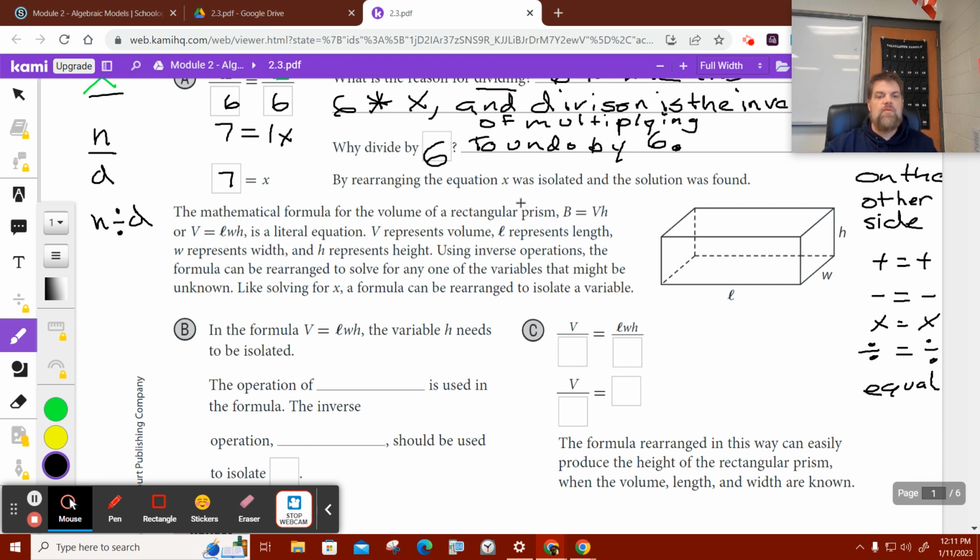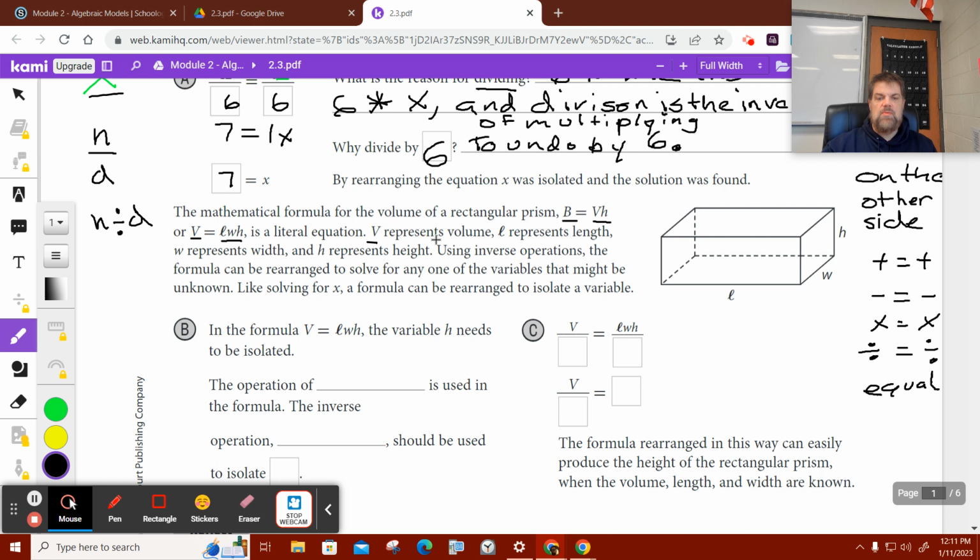So the mathematical formula for the volume of a rectangular prism is the base times the height, or the volume is equal to the length times the width times the height. Okay. This is a literal equation.